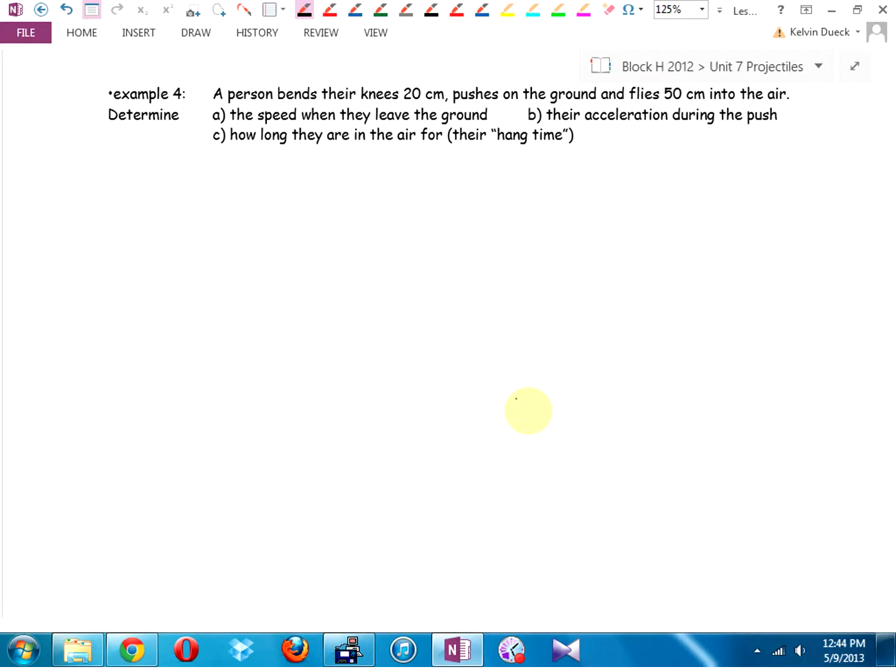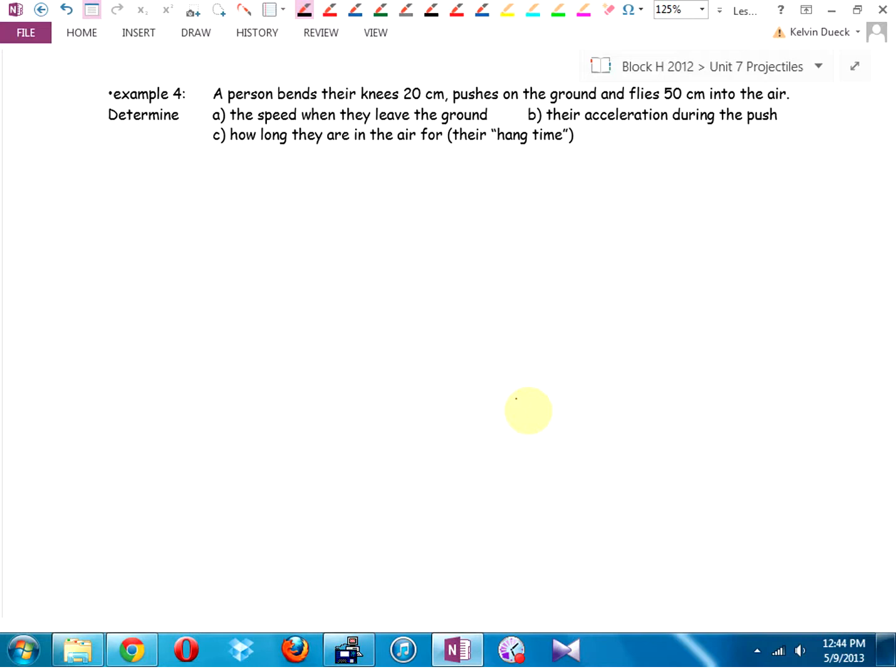V. Yeah, which one? Final or initial? Initial? Final? The answer is yes. You're both right. It's going to depend on whether you're looking at while his knees were straightening, because then V final is what he reaches when he straightens his legs out.